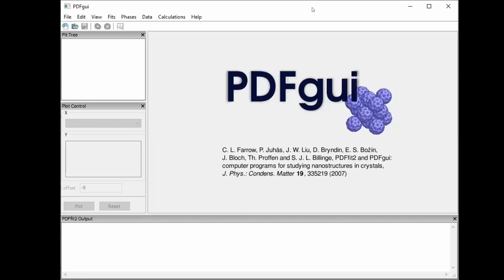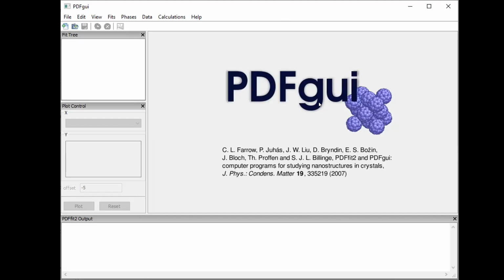We'll continue our discussion on how to use PDFGUI, which is about fitting the PDF data. Last lecture, we were focusing on doing the calibration using the nickel standard.